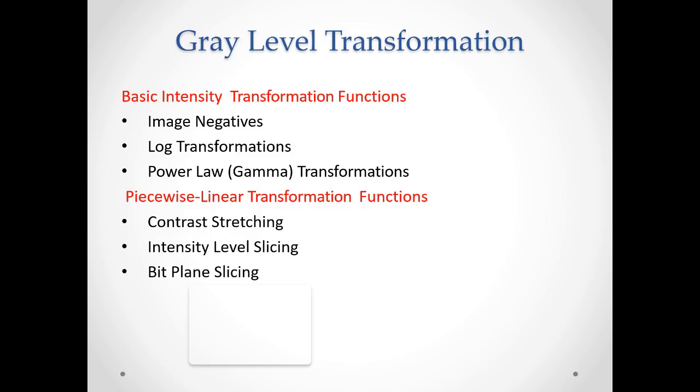Since we are dealing with digital images, the values of the transformation function are stored in a one-dimensional array, which is nothing but matrix form. The mapping of the value R to S is implemented through a lookup table.